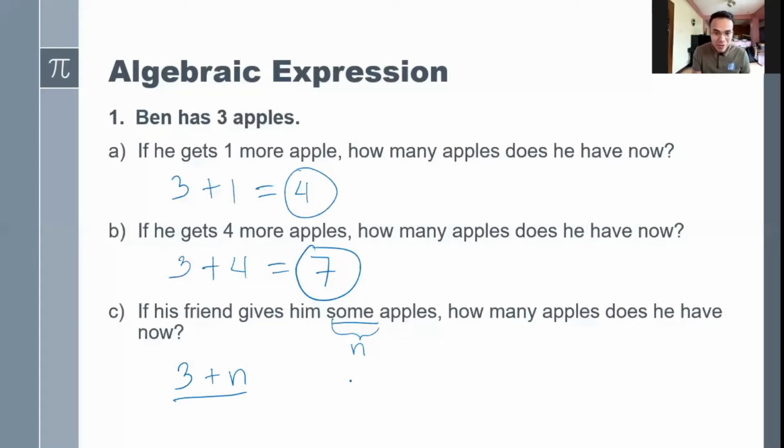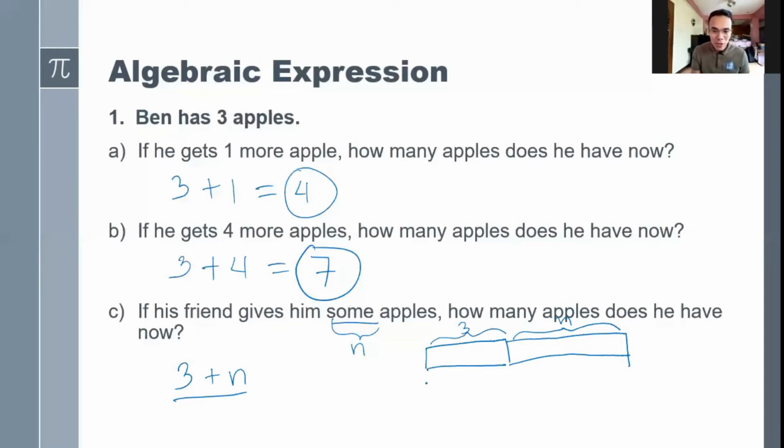We can also solve letter C using bar model. So we have something like this. This is 3. And then his friend gives him some apples. So we have something like this. We don't know how long this bar is. So this is letter N. We use letter N because we don't know the number of apples given to him by his friend.